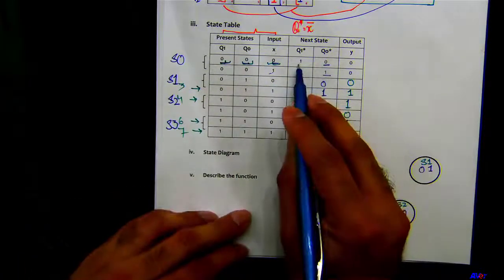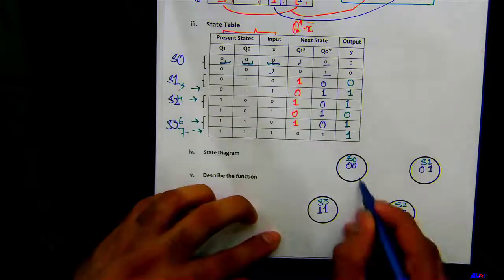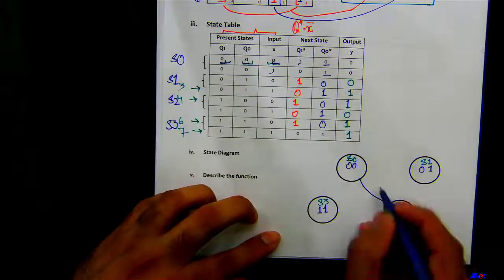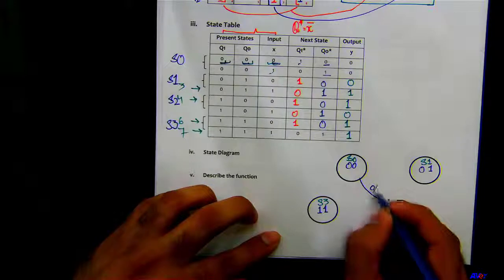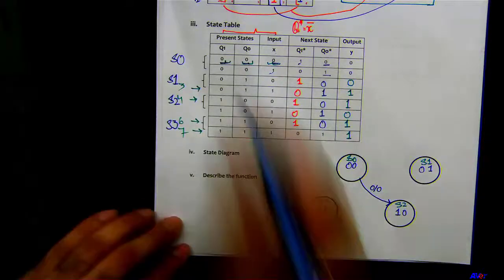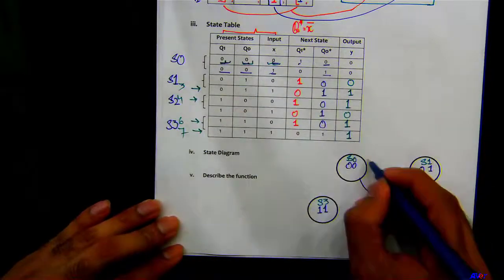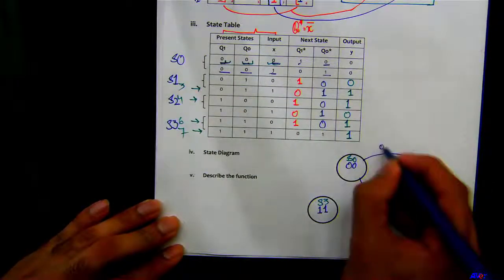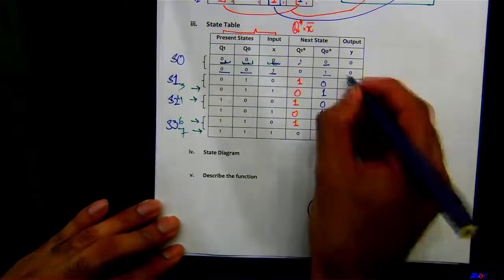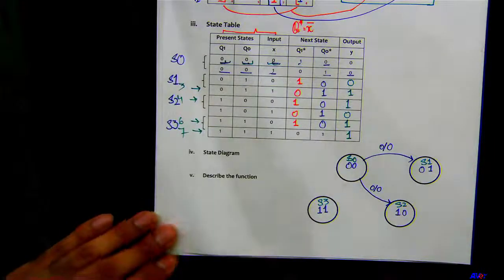Next state is 1 0, so it goes here. Input is 0, output is 0. Present state is 0 0, X is 1, goes to 0 1. Input is 1, output is 0. Correct? Okay, now we are here.